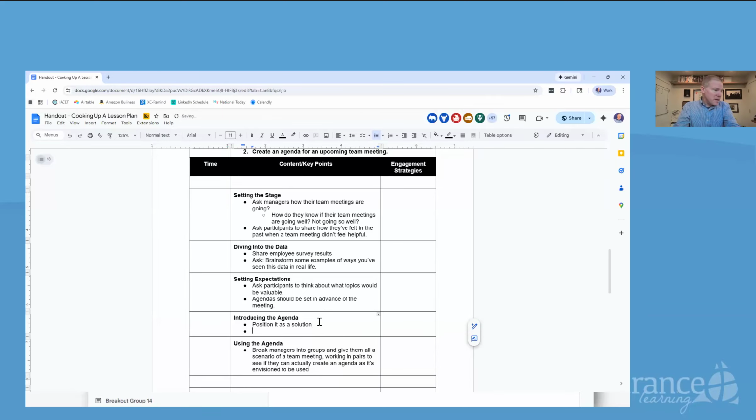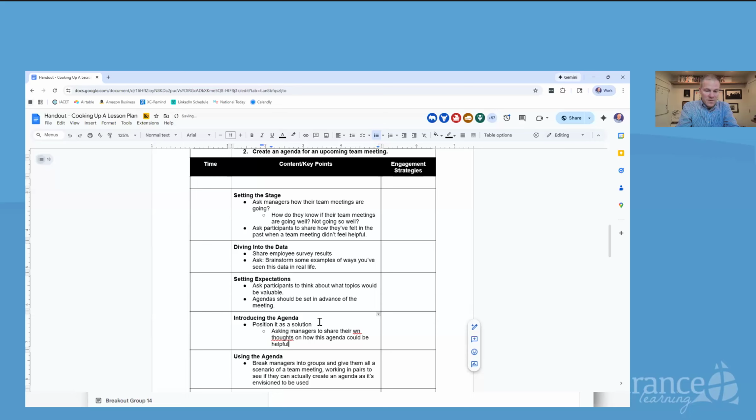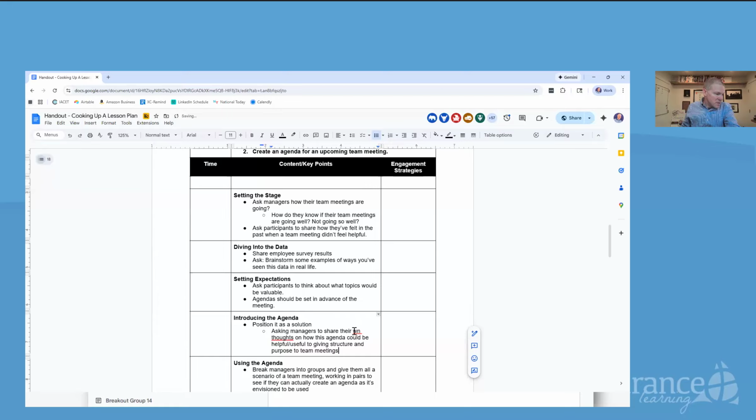And so that could even be positioning the agenda as a solution, asking managers to share their own thoughts on how this agenda could be helpful, useful to giving structure and purpose to team meetings. Love it.